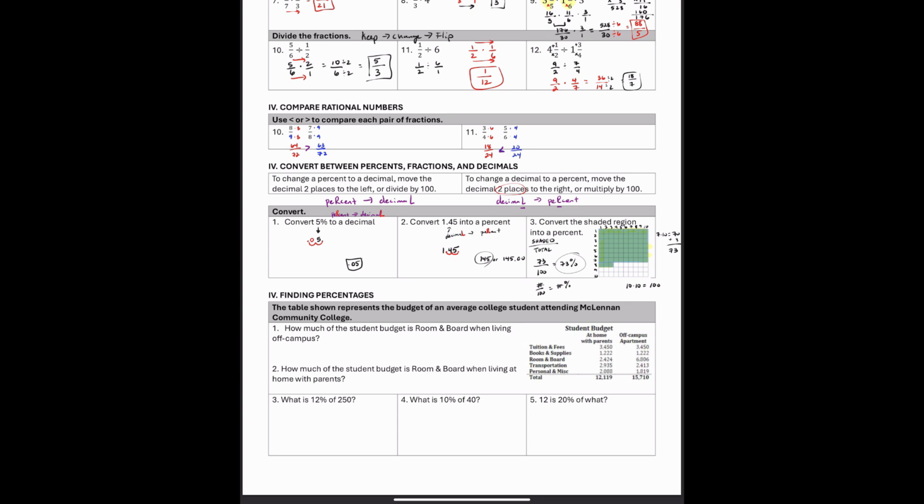Again, it says how much of the student's budget is room and board when living off campus, okay? So we're basically looking at room and board, and we're only focusing on the student's budget when living off campus, okay?